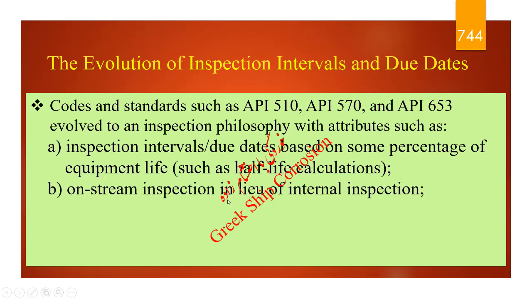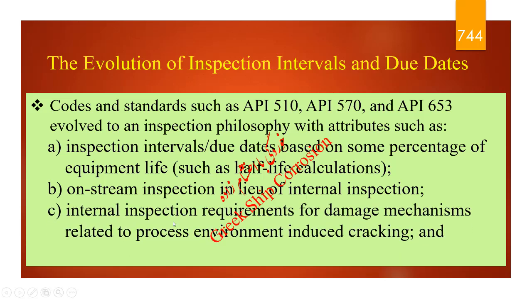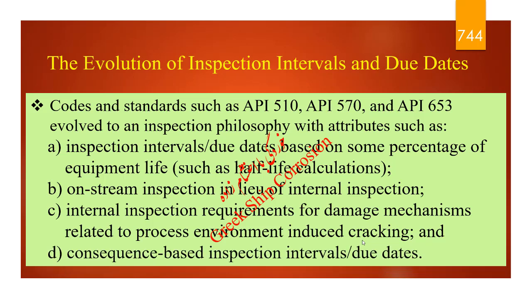B. On-stream inspection in lieu of internal inspection. C. Internal inspection requirements for damage mechanisms related to process environment-induced cracking. And D. Consequence-based inspection intervals or due dates.